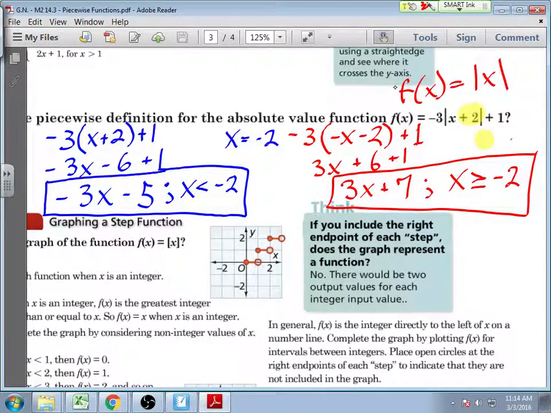That was a horizontal shift to the left 2. This is up 1. So I know my vertex is actually -2, 1. But I don't care about the y value there since I'm only looking at domain. So I know my domain breaks, or my graph changes direction, at -2 because that's where the vertex is.